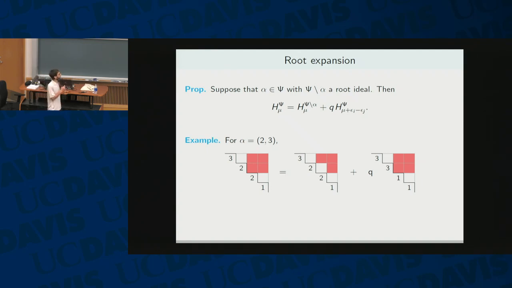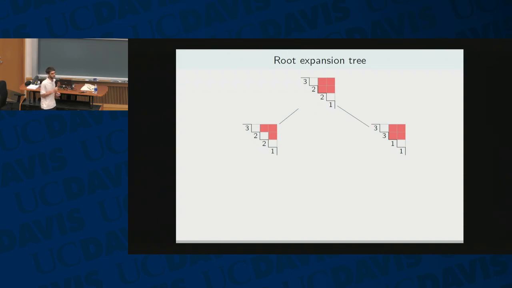And it's easy to show directly from the definition of Catalan functions that this Catalan function is equal to the sum of two: one where you remove the root, and the other where you change the weight by adding one in the row corresponding to the root and subtracting one in the column corresponding to the root.